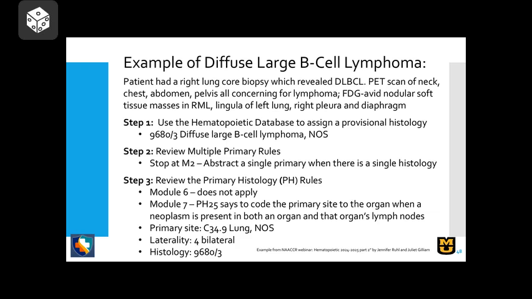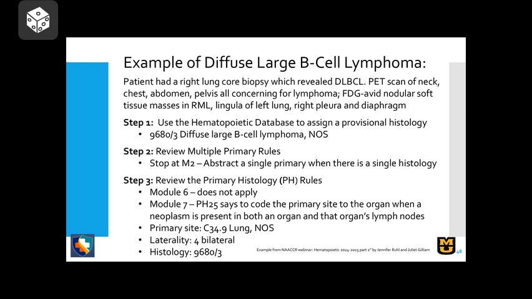Diffuse large B-cell lymphoma is 9680/3. Step 2. Review the multiple primary rules. Stop at rule M2. Abstract a single primary when there is a single histology. Step 3. Review the primary histology rules. Module 6 does not apply.